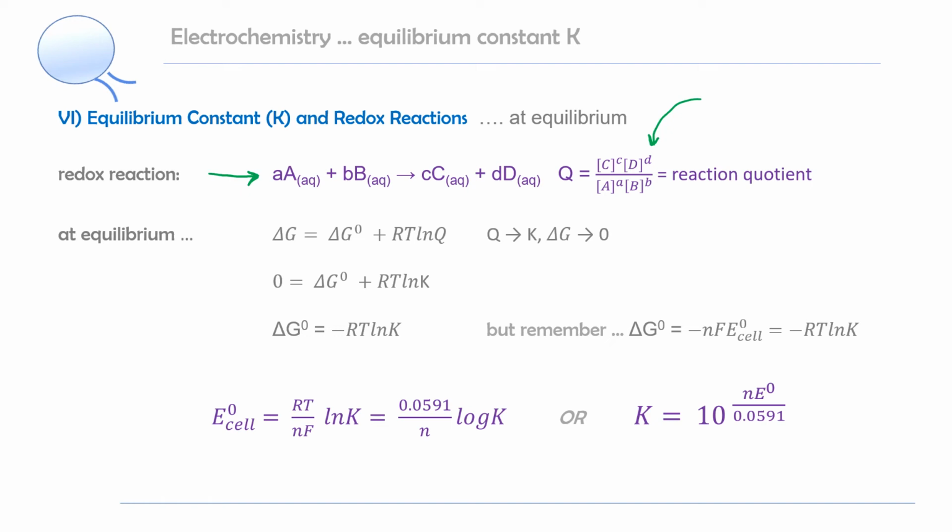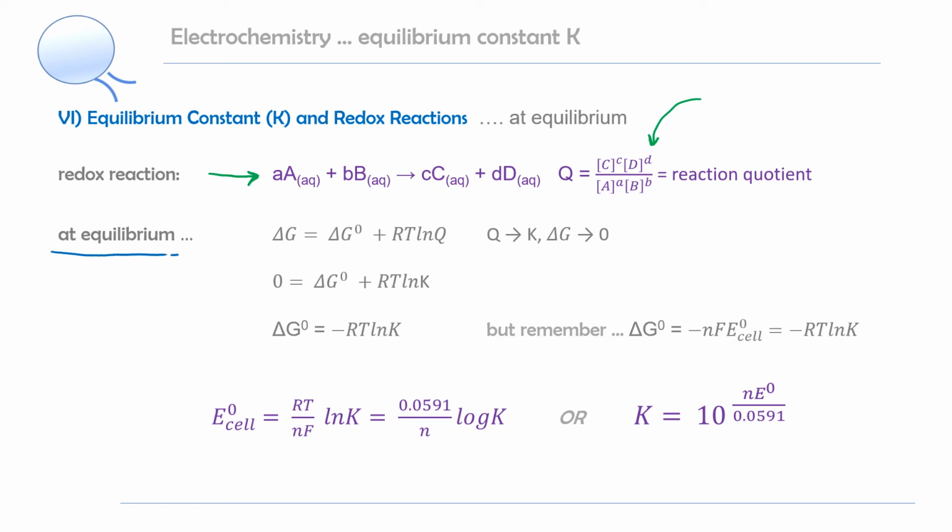Okay, however, if you let that electrochemical cell go for any length of time, the cell potential drops off because our concentrations of reactants and products are changing. Okay, all right, so eventually we get to a state of equilibrium, where those relative proportions of the products and reactants are constant.